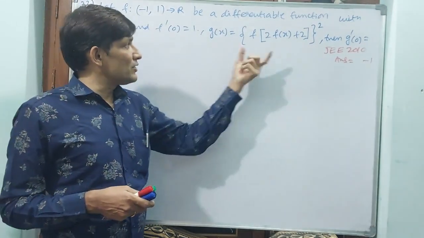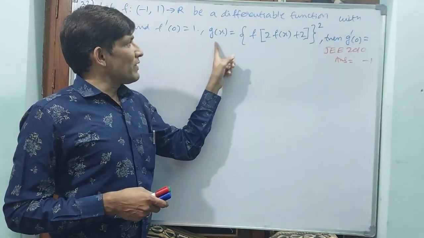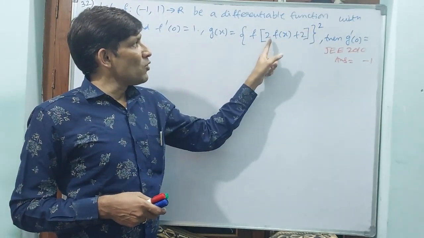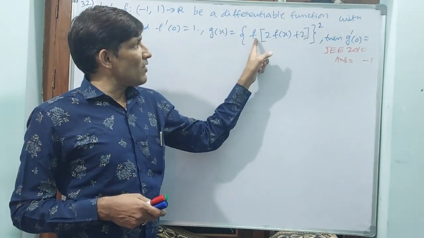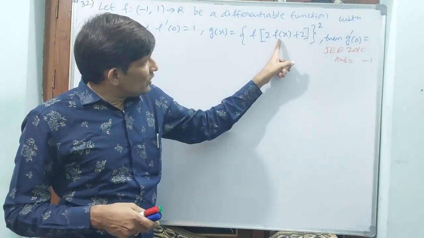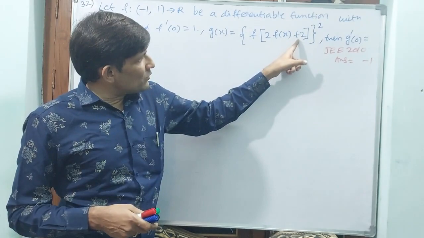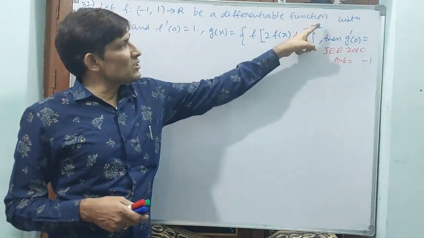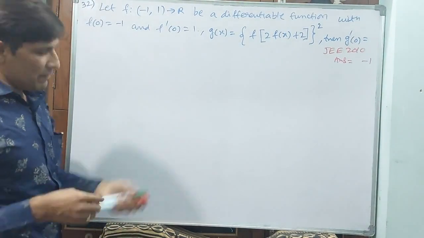Observe carefully, this is a complex set. g of x is equal to, total square is there, but inside, f of 2 of f of x plus 2. If you go from inside, 2 times f of x plus 2, this again they have given in f, again totally squared. This is g of x.